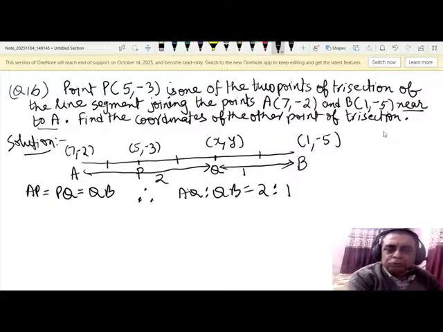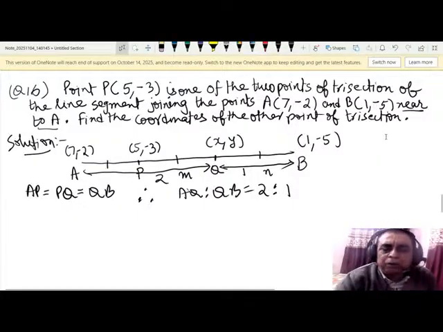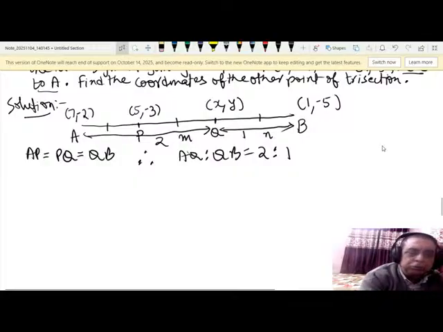This 2 we are denoting by the letter small m, and 1 by the letter n. Now how will we find the coordinates of Q? The coordinates of Q are found like this.